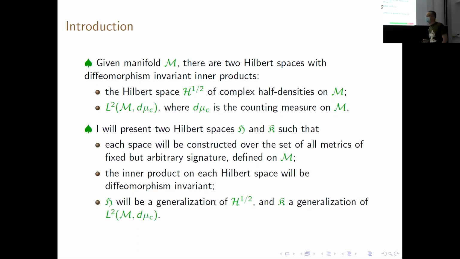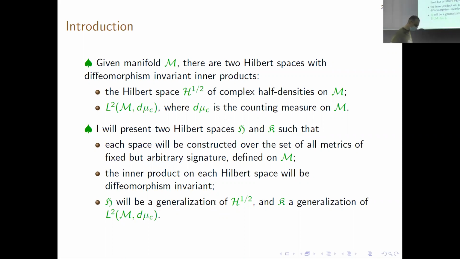So I will present two Hilbert spaces, which will be denoted by H and K, such that each of these spaces will be built over the set of all metrics of fixed but arbitrary signature, which are defined on an arbitrary manifold, which means that this manifold can have an arbitrary dimension and an arbitrary topology.